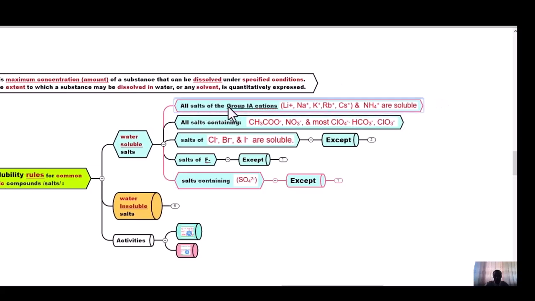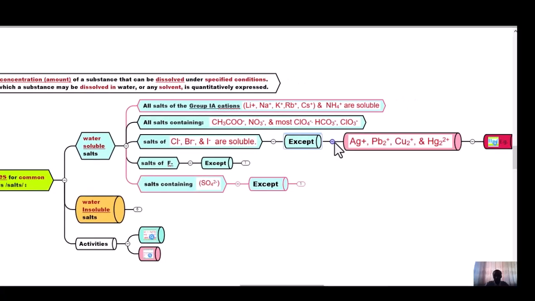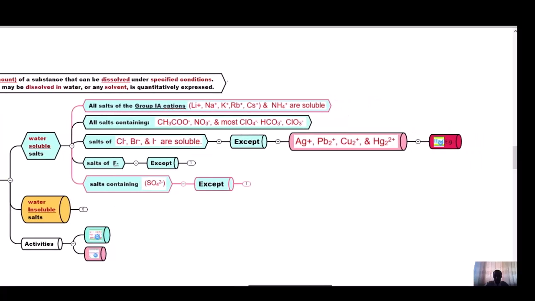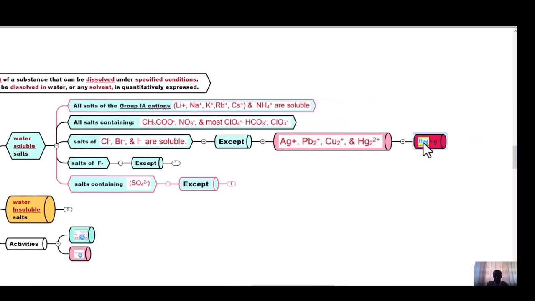All salts of the group 1 cations, including ammonium ion, are soluble in water. 2. All salts containing these anions are soluble in water. All salts of chloride, bromide and iodide are soluble in water except the cations of this.